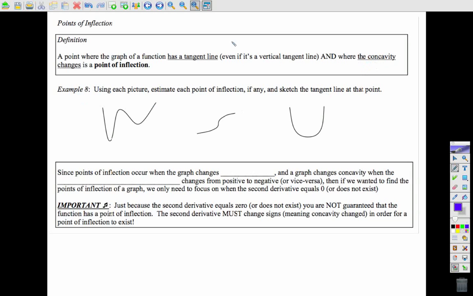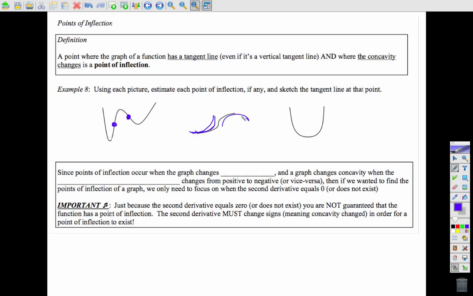We primarily are going to think about the point of inflection as some place where the concavity changes. So let's look at these right here, example 8, and see where our concavity changes on these.